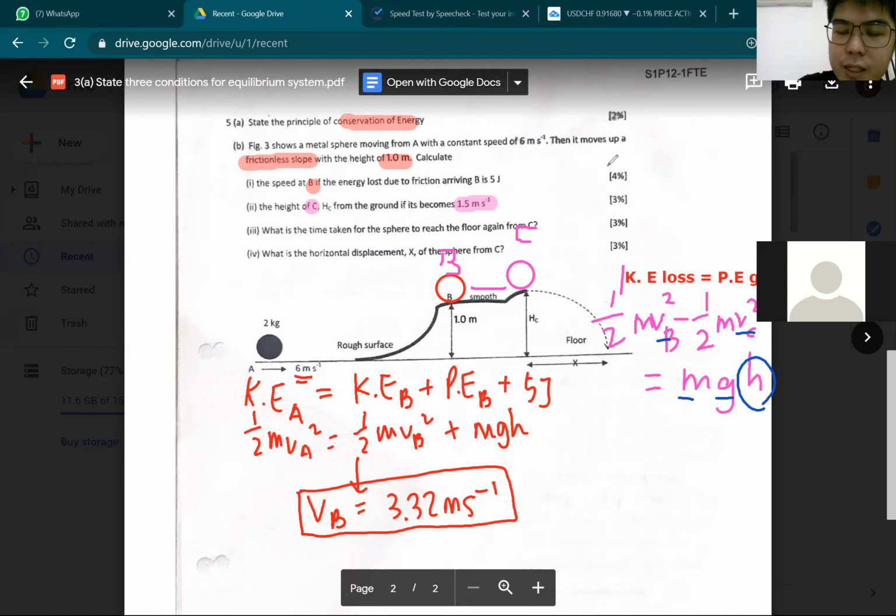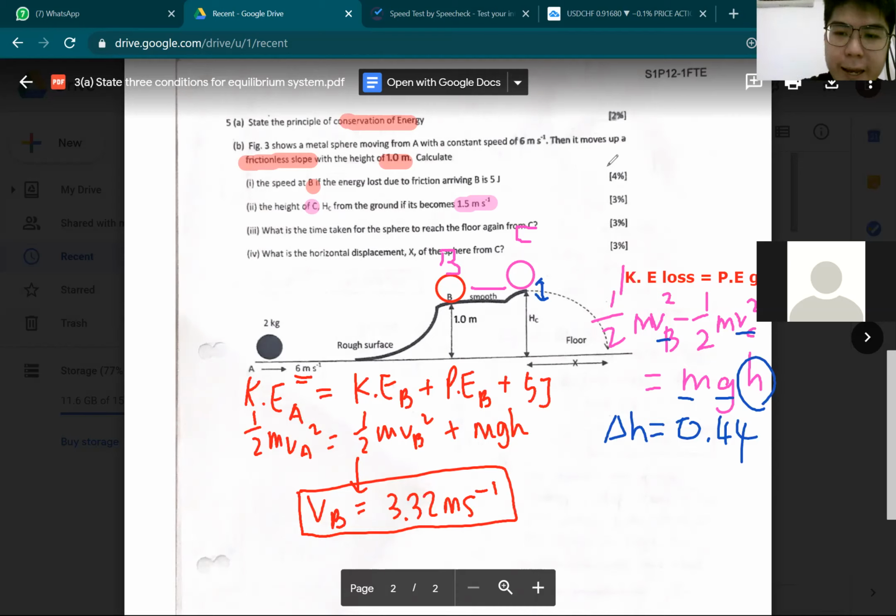This h is the increase in height, the change of h. When you put in the formula, you will get 0.44. So 0.44 is the increase in height from point B to point C, this small increase.